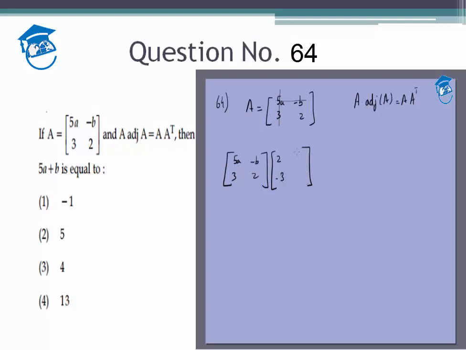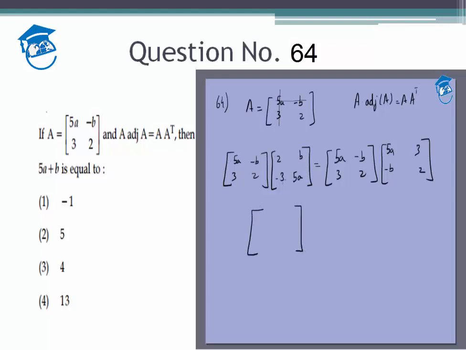And similarly, what you'll get is b and 5a. And this should be equal to the matrix [5a, -b; 3, 2] multiplied by A transpose, which is [5a, 3; -b, 2]. And you'll get 2 cross 2 matrices.